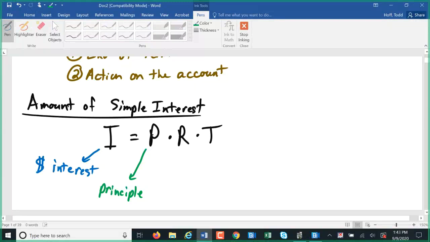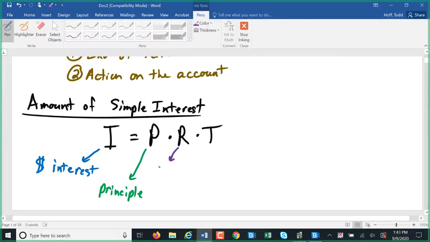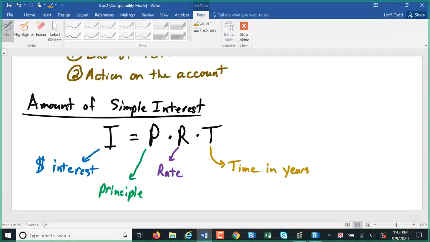Principal is the starting amount. It is the base amount. R is rate. Remember, rate is just a percent in decimal form. And T stands for time in years. Time is always expressed in years in this formula. So you can see if your time is 1 year, this really is just a rate calculation. Is your base amount, which is your principal, times your rate, and that gives you your interest, which is your portion.